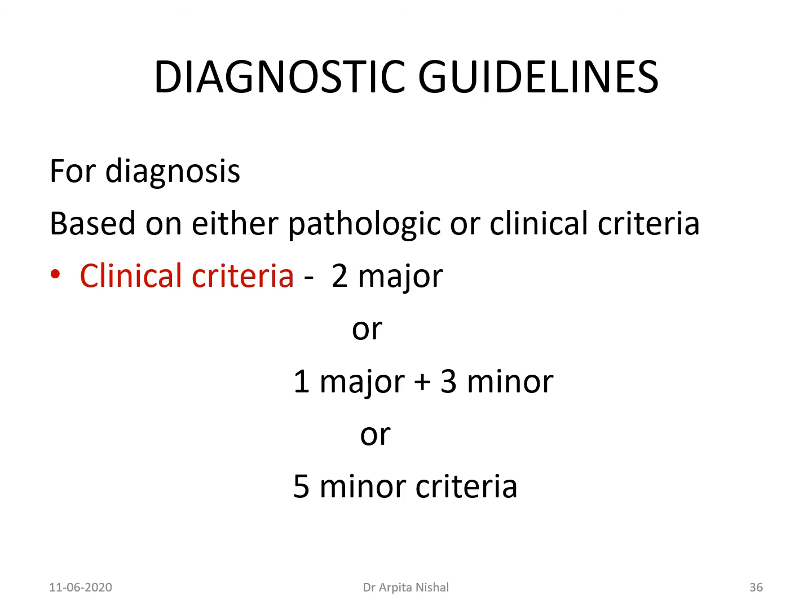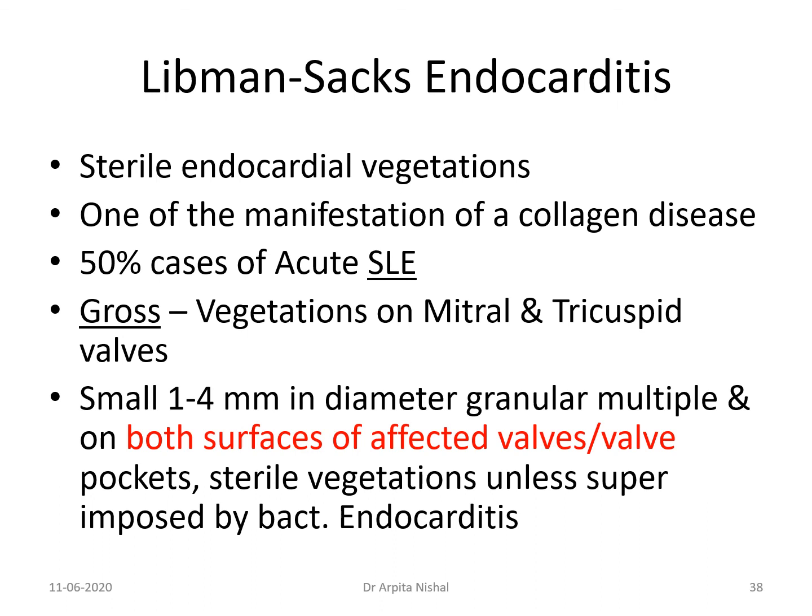So that is about infective endocarditis or bacterial endocarditis. We will just have a quick look over the other endocarditis and see how we can distinguish the vegetations of all the different types of endocarditis. Other endocarditis, important one is the Libman-Sacks endocarditis, which is non-infective. So sterile vegetations are seen. It is a manifestation of collagen disease. 50% of cases are seen in acute systemic lupus erythematosus.